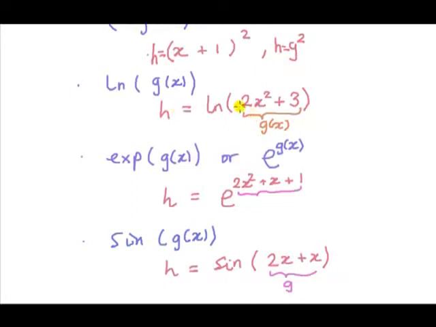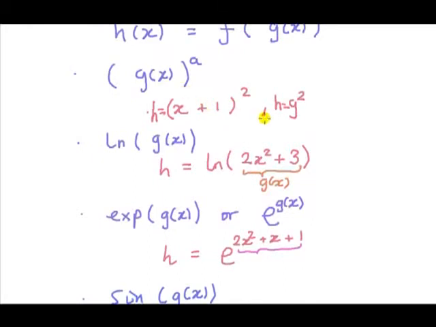With the log example, g here again is a quadratic, then we feed the output of that into the f function, which is a log. And in this case here, first we calculate the g bit, x plus 1, then with that output we feed it into the function f, which is squaring that result.